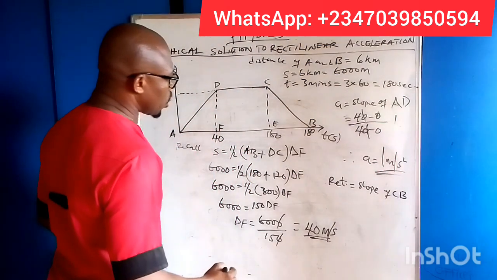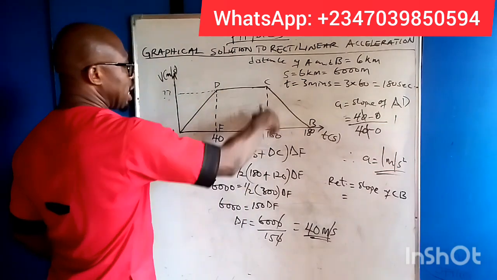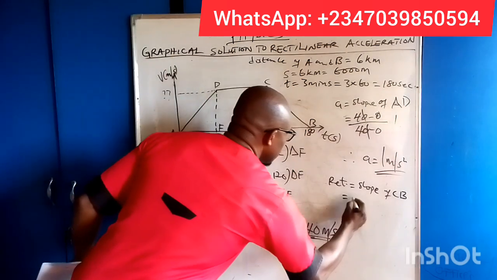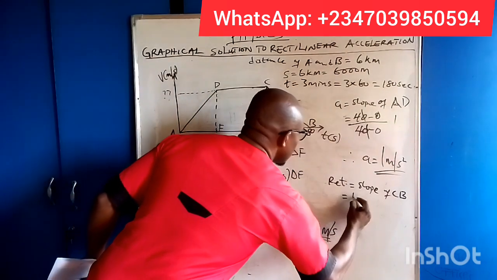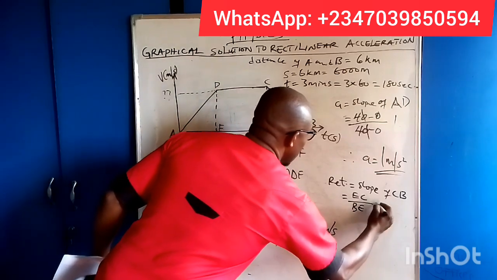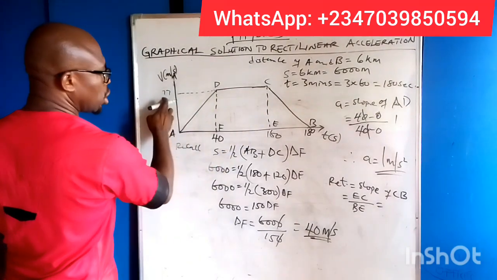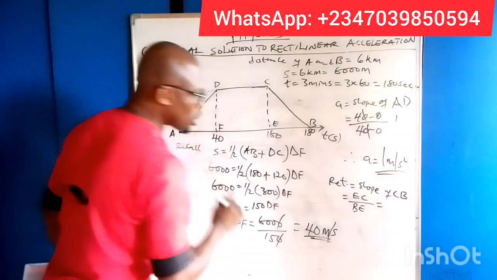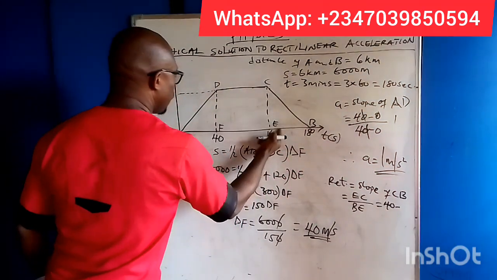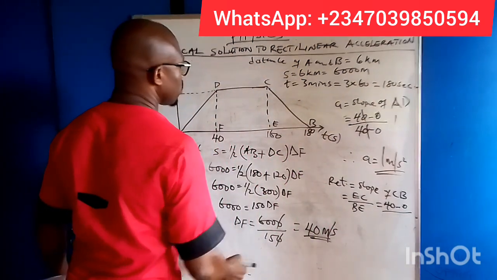Which will give us the height now minus this height, EC all over BE. Here the height, if you trace it, is 40, based on what we got earlier. 40 minus what we have here, if we trace it down, gives 0, all over this side.